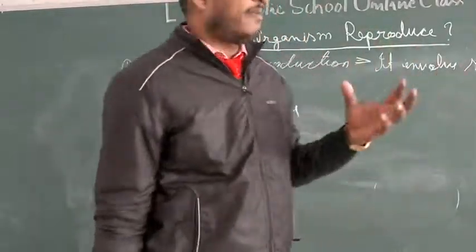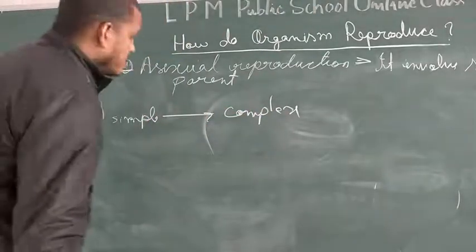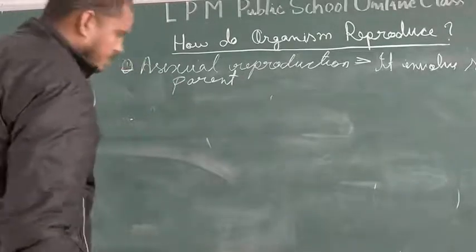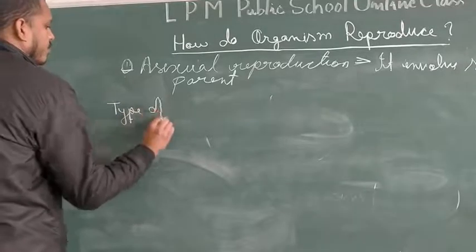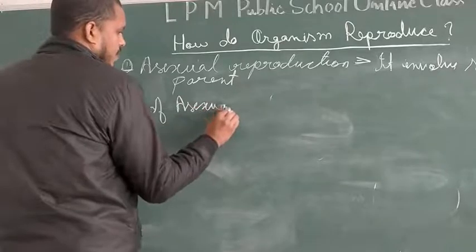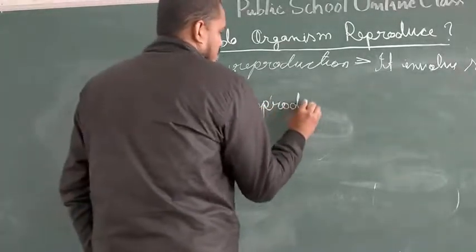So they have adapted different methods, and depending on that method, we can say the type of asexual reproduction.